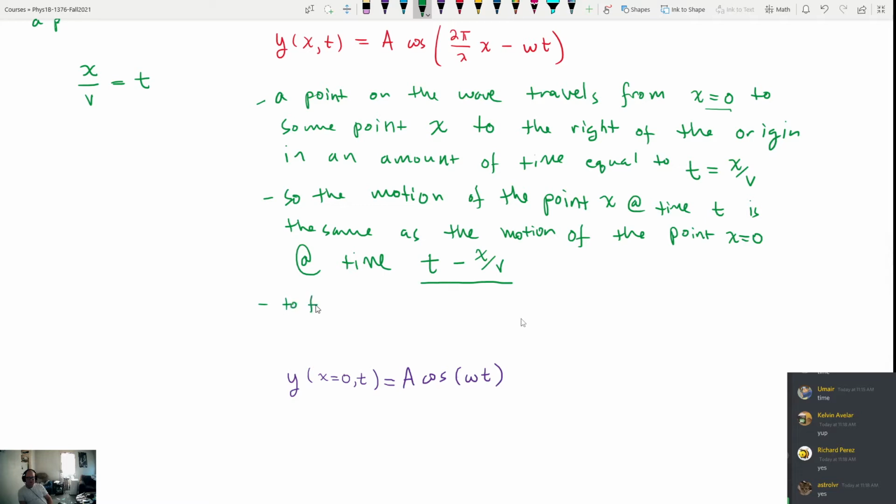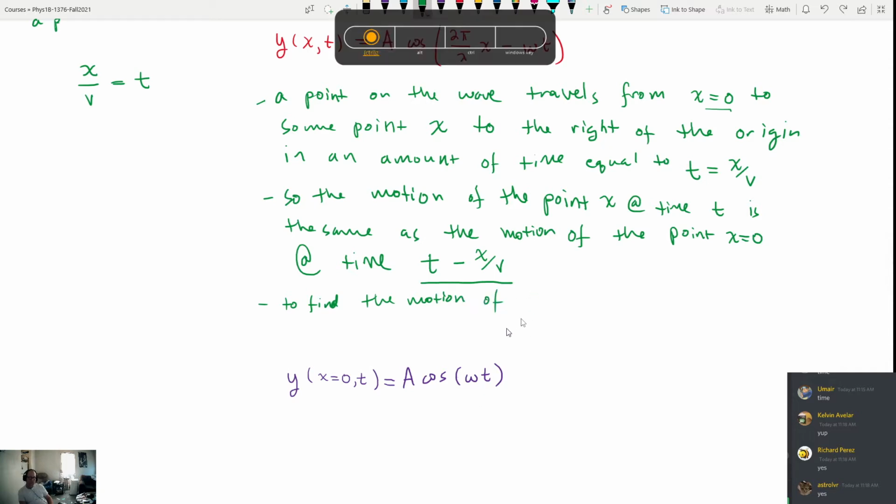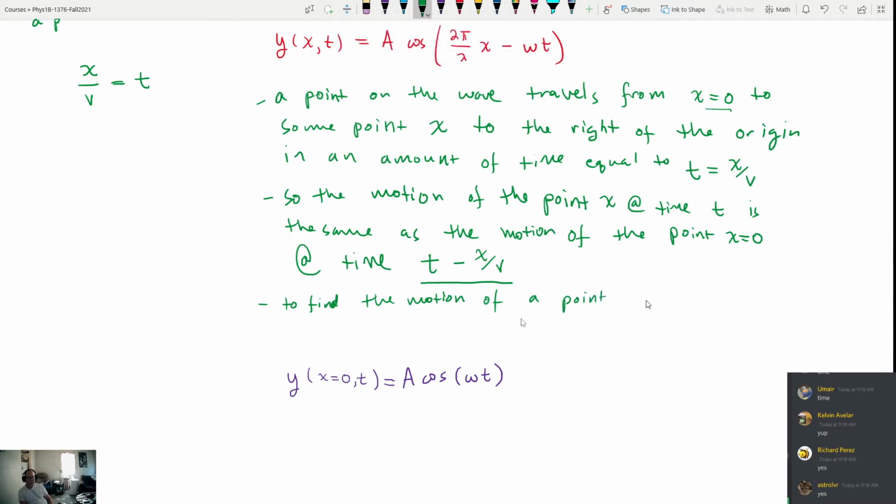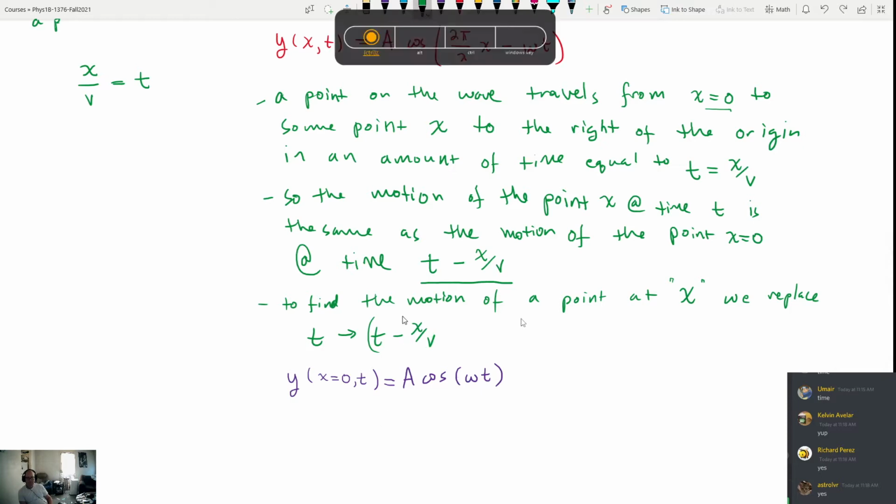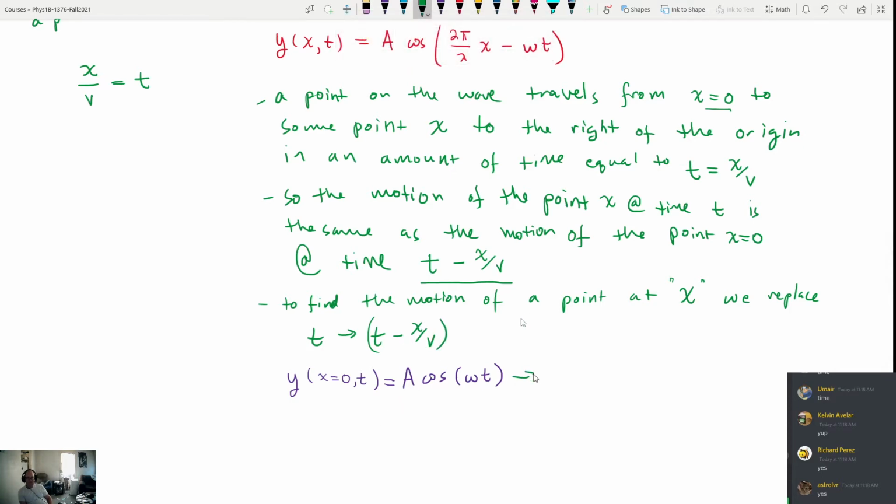To find the motion of a point at x, we replace t with t minus x over v. So this becomes y of x and t equal to a cosine of, what is it now going to be? Omega times t minus x over v.